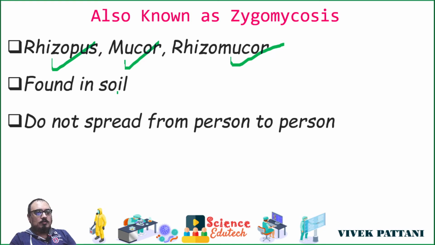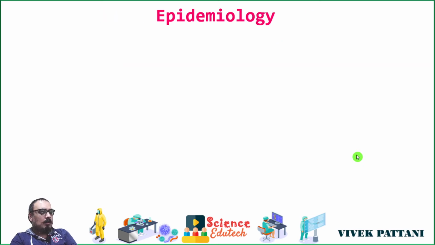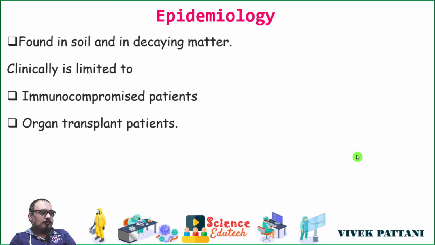So what is the reason behind the spread of the disease? There may be numerous factors. Mucorales are sufficiently different from other fungi also. They belong to the Zygomycete group. Now, epidemiology. Where are they found?